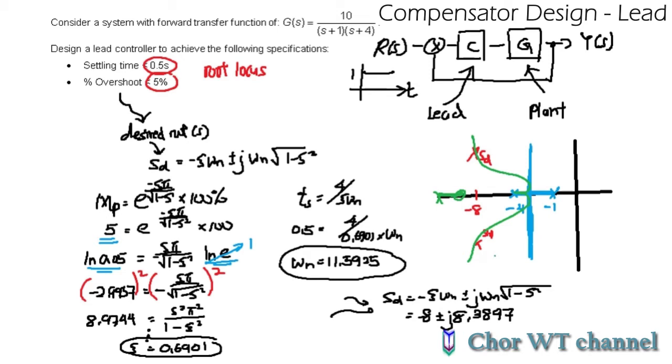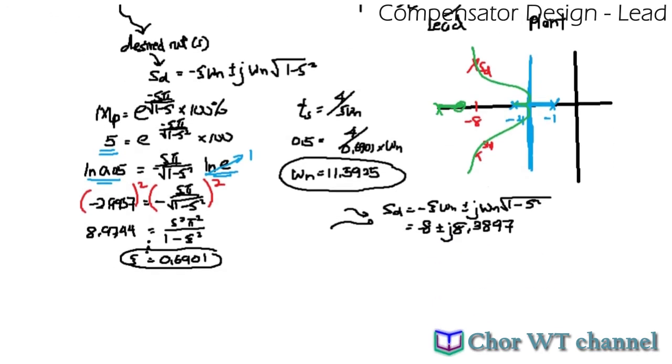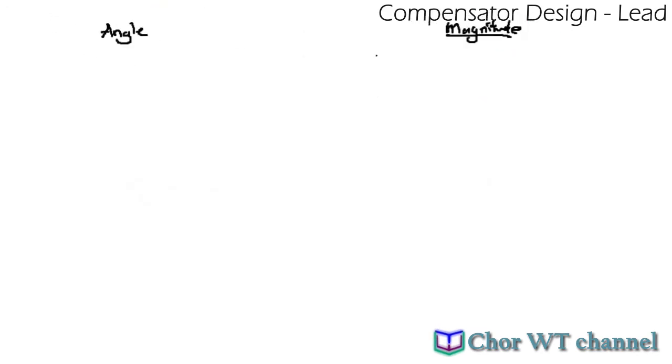By bending the root locus through introduction of an additional pole and zero, we will ensure that the root locus will still satisfy the two criteria that I mentioned earlier, which are the angle and magnitude criterion.